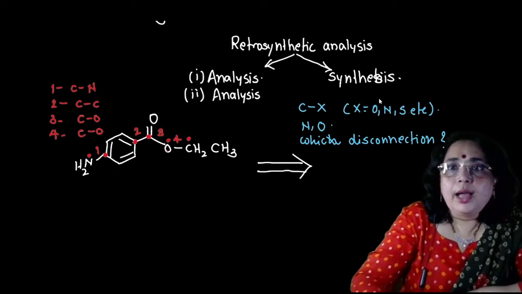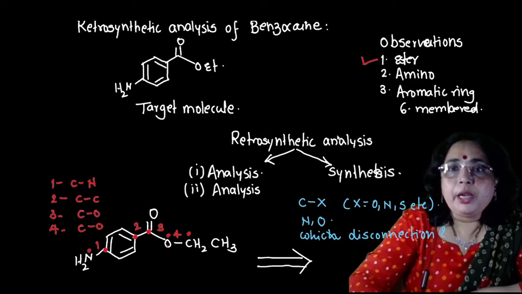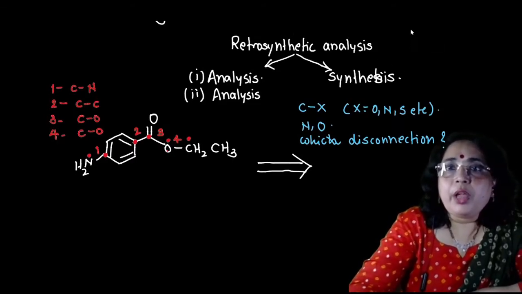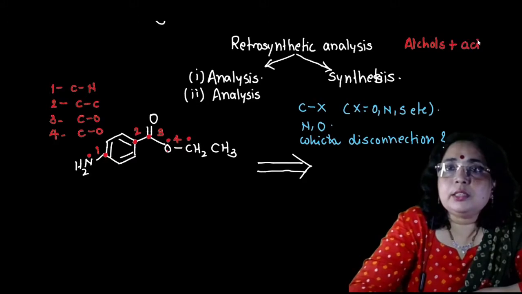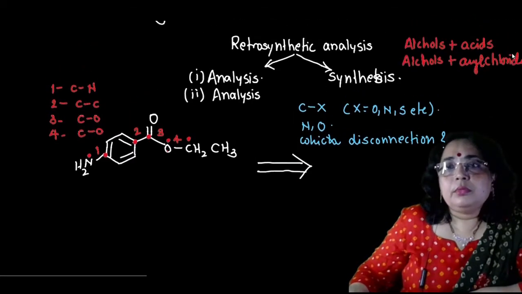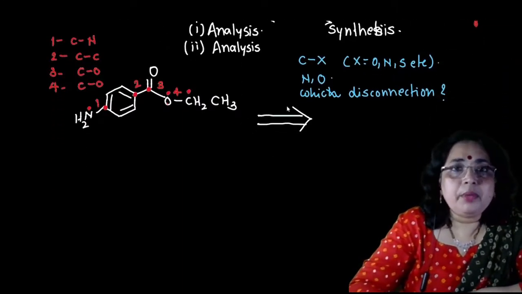Now as in the observation we can see that there is an ester, so it plays an important role in the molecule, because whenever there is an ester, we have to remember that our synthons should be alcohols and acids, or alcohols and acyl chlorides. Now, with this observation, let us carry out the disconnection analysis.